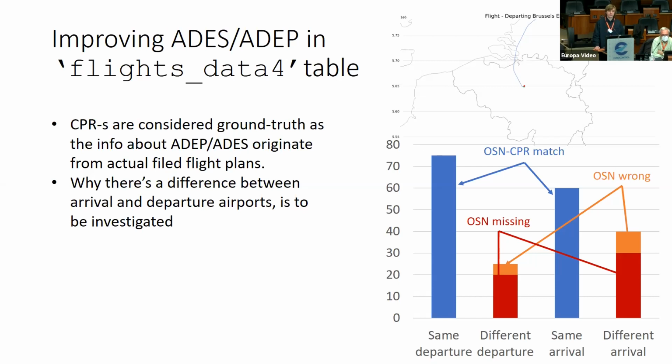So the estimating algorithm has thought that the aircraft is departing from Brussels airport, but in fact it has departed from somewhere close to the Brussels military airport. Sorry, the civil airport. And just an example why this might be. You see some differences in arrival and departure airfield estimations. Again, yet to confirm what the reason here is.